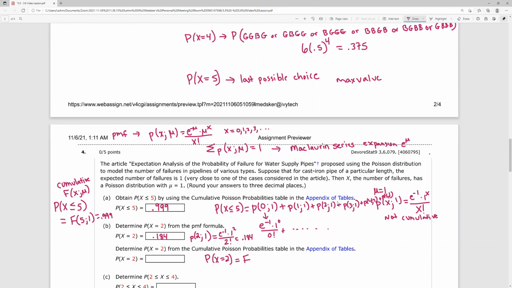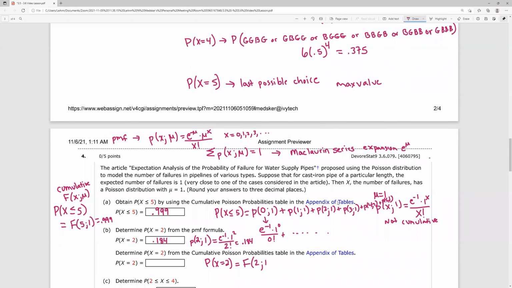You're going to need to say, okay, I want to have everything from 2 and below, but that's too much. I only want 2. So you go one number underneath and subtract that cumulative probability. So essentially, you're saying 1 accumulates 0 and 1, 2 accumulates 0, 1, and 2. So if we subtract those, we would just be left with the probability at 2.